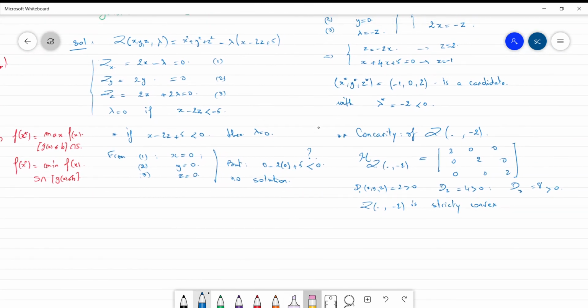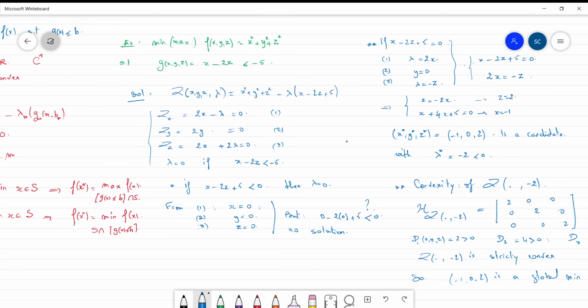We need convexity. It is strictly convex, and our lambda is negative. So the point (minus 1, 0, 2) is a global minimum. It is not evident to see that it is like that.